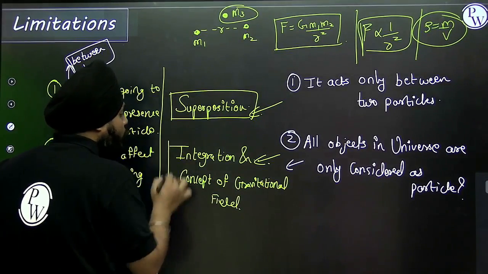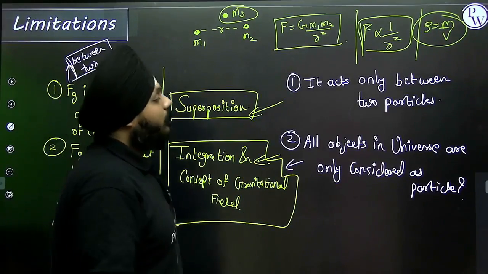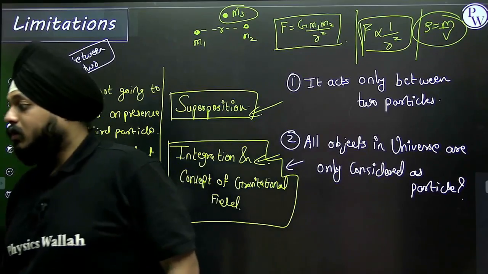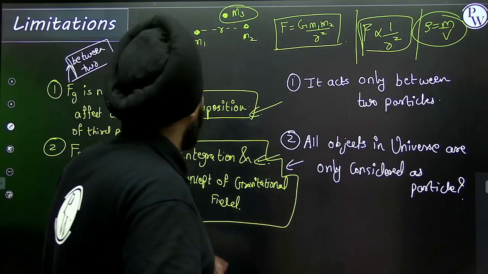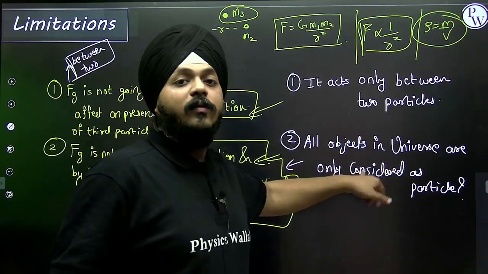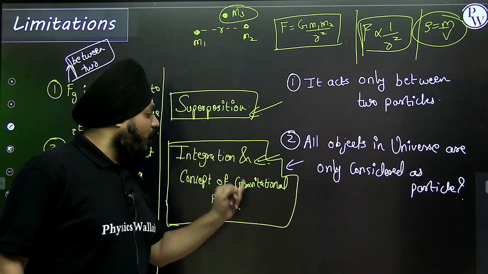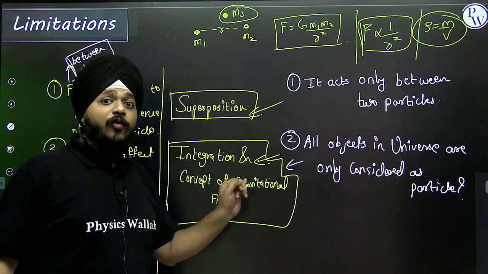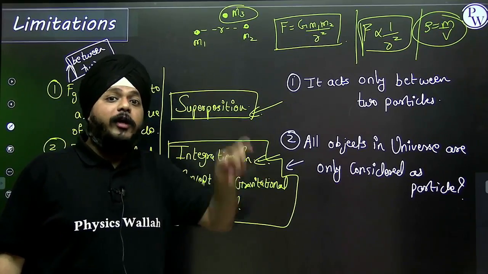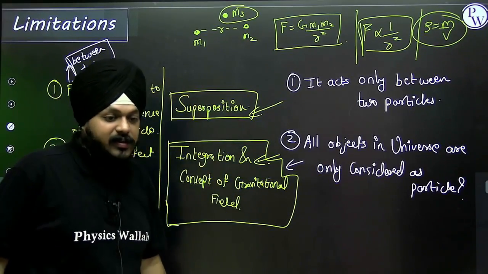It is used to overcome the second limitation. The use of integration and the concept of gravitational field intensity using Gauss law, which you are going to see in the 12th standard, first chapter, electrostatics.